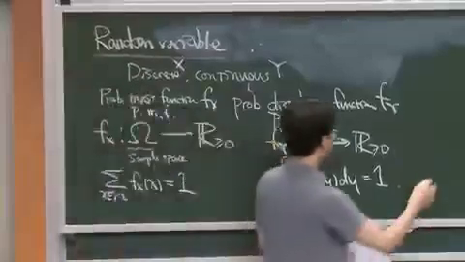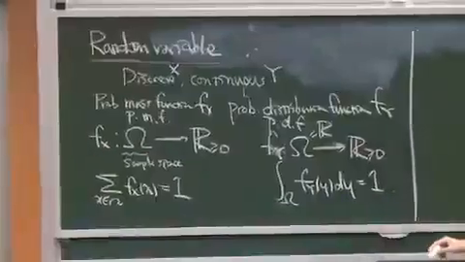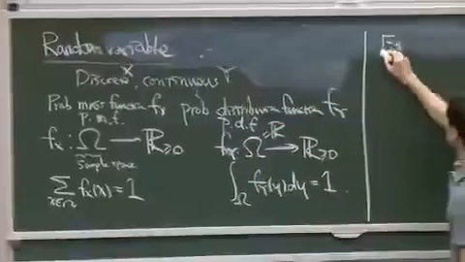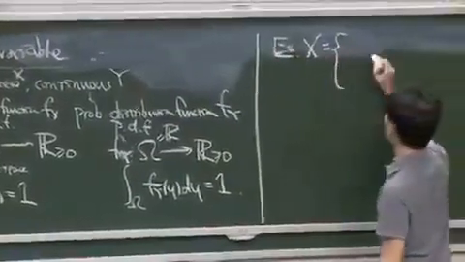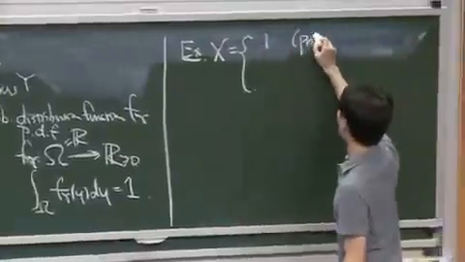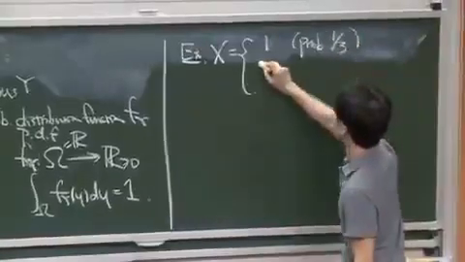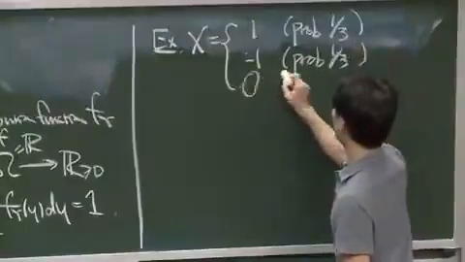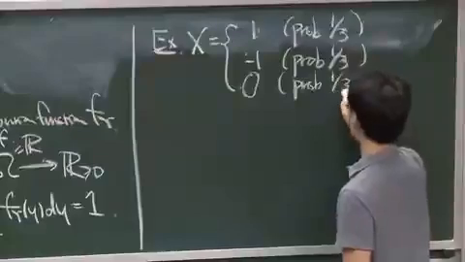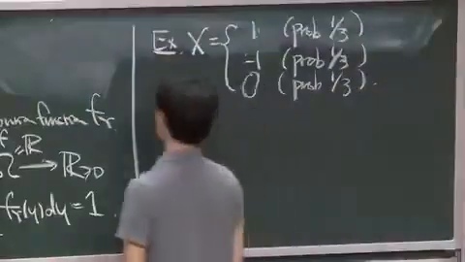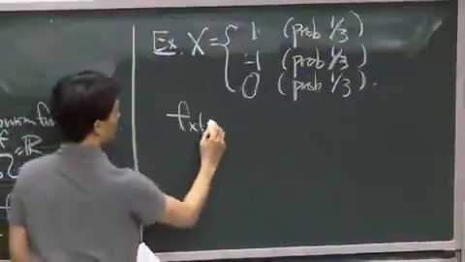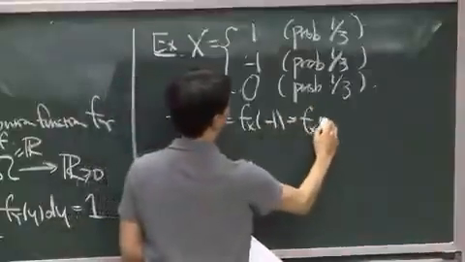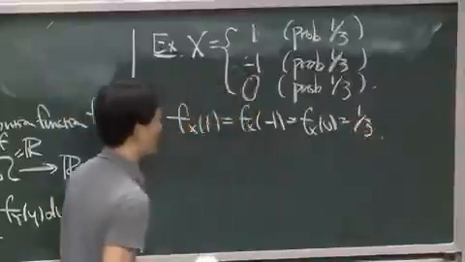Okay. And then, so for example, probability mass function, if x takes 1 with probability 1/3, minus 1 with probability 1/3 and 0 with probability 1/3, then our probability mass function is f(x) = 1/3 for x in {-1, 0, 1}. Just like that.